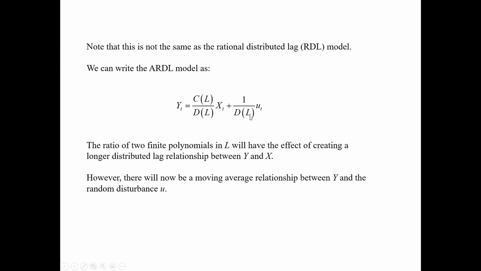We get a distributed lag function on the error term ut. So, taking the ratio of two finite polynomials in L has the effect of creating a longer distributed lag relationship between y and x. We've seen that already. However, now there will also be a moving average relationship between the y variable and the random disturbance ut.